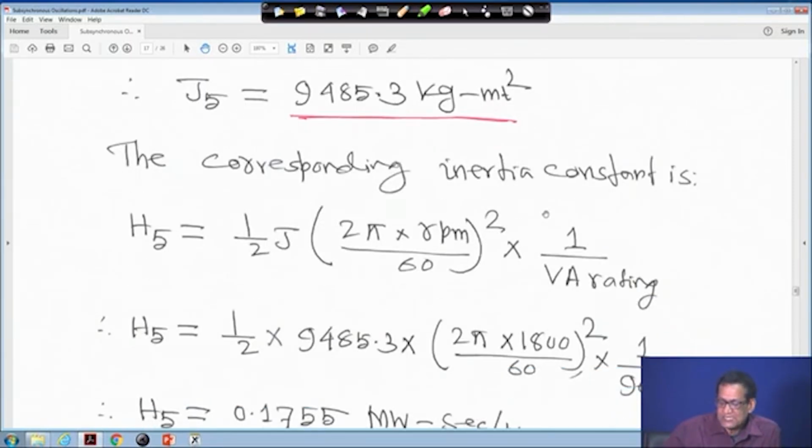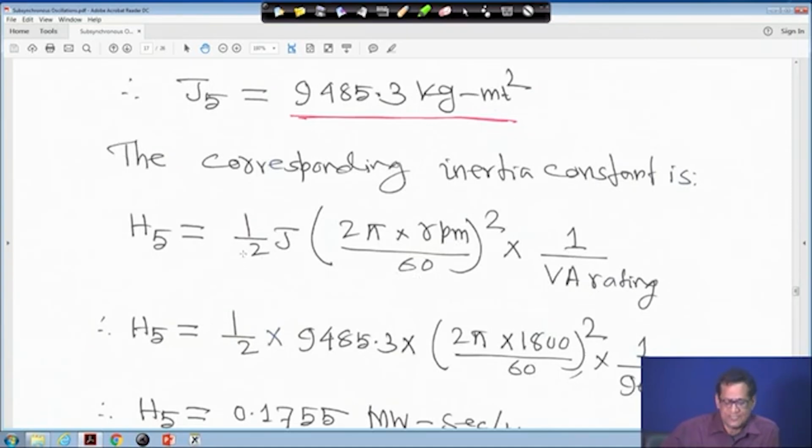Similarly, the corresponding inertia constant, this also we have done in the synchronous machine topic. The general formula is H equals half J into 2 pi into RPM upon 60 whole square into 1 upon volt ampere rating.